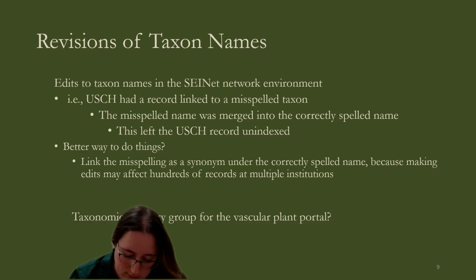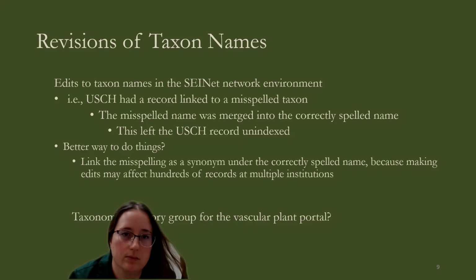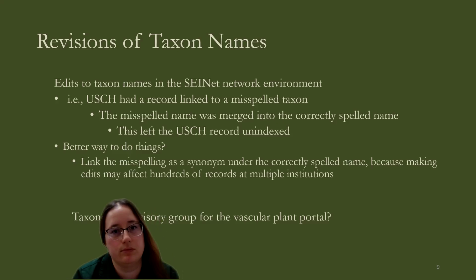So if you see an error from a label image that is not in agreement with what the record says, you can leave a comment saying, hey, the label says this, where the record says that. You may want to relook at it. Or you can make other comments regarding the taxonomy, saying, hey, this taxon has changed, and here's a reference for that.